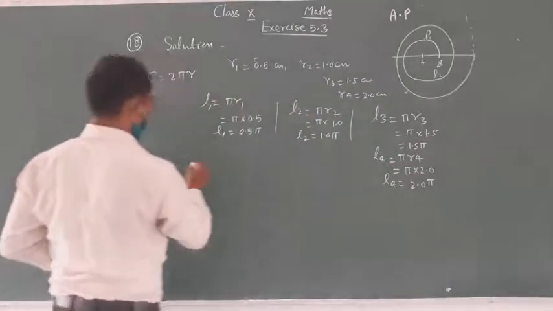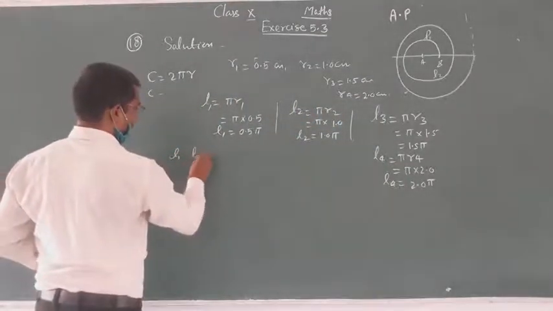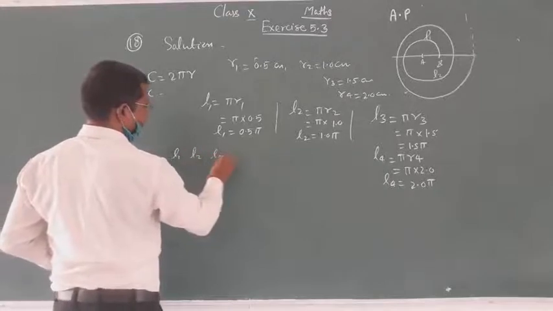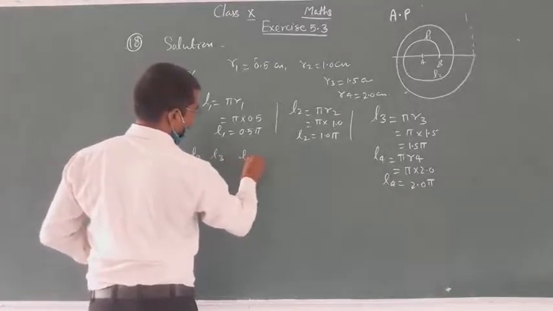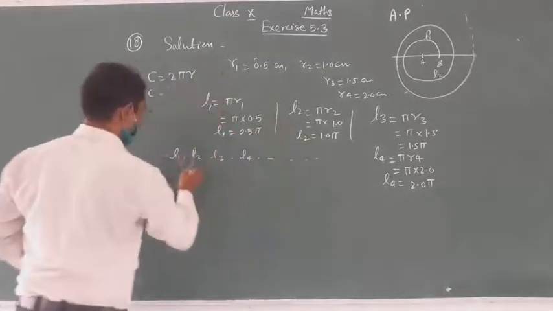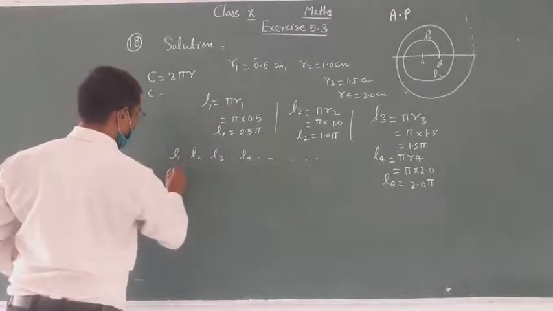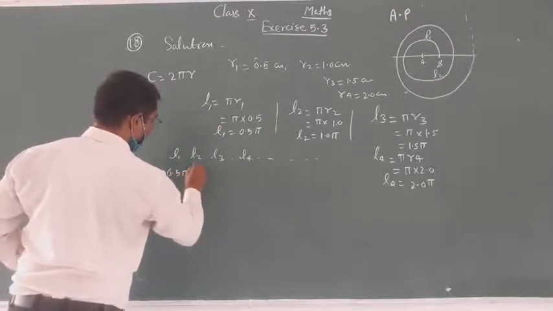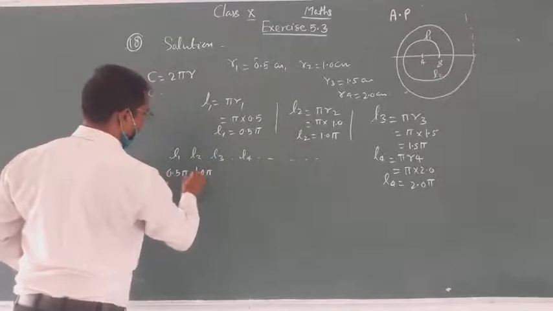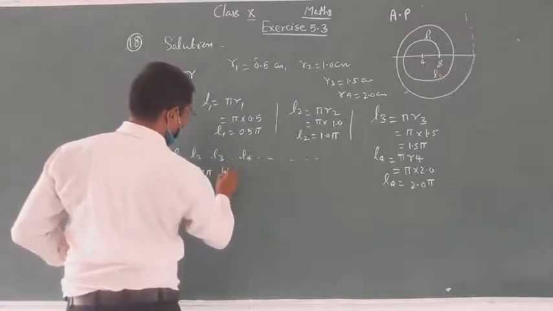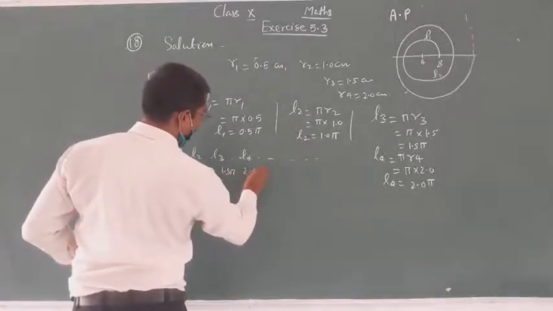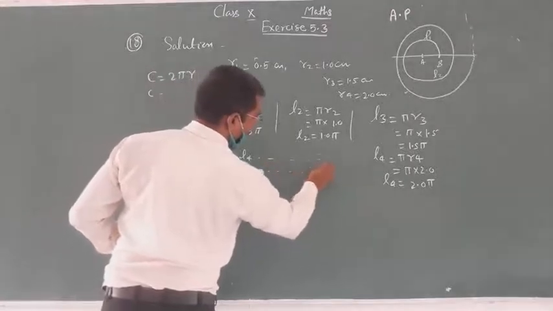So now L1, L2, L3, L4 and so on are 0.5 pi, 1.0 pi, 1.5 pi, 2.0 pi, and so on.